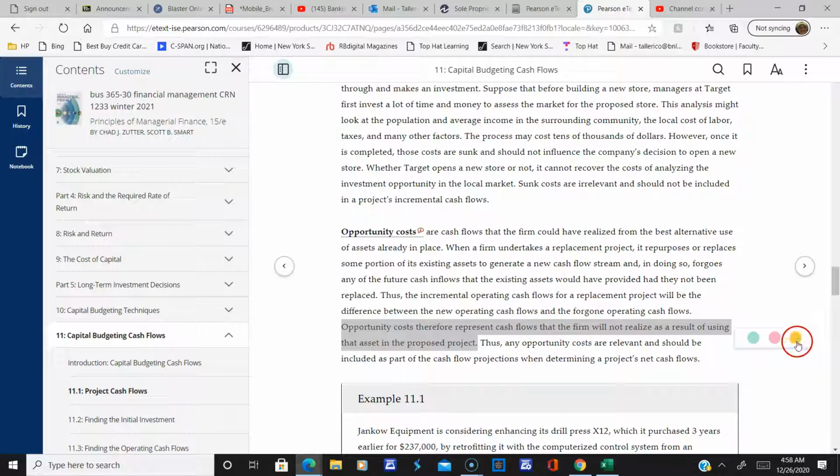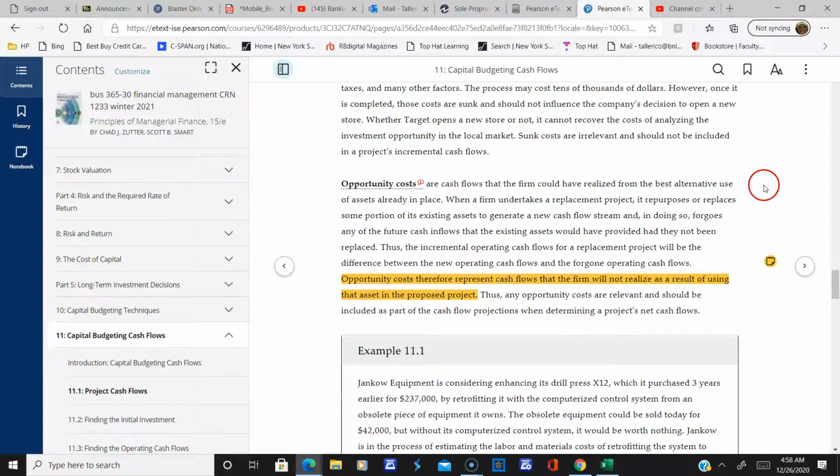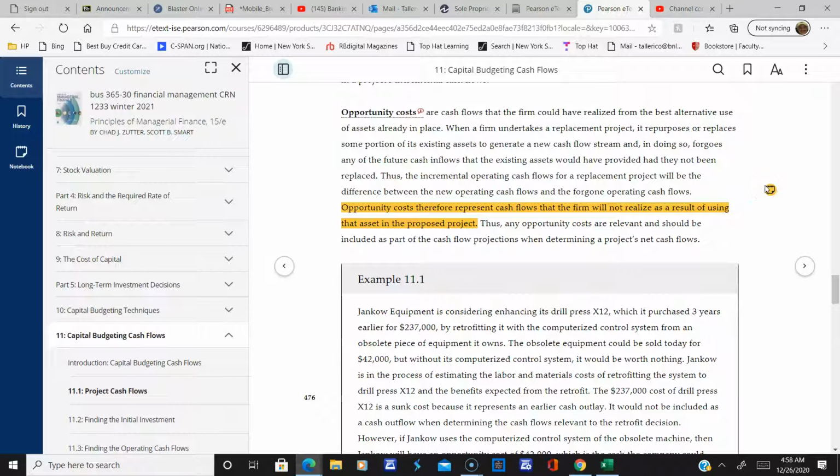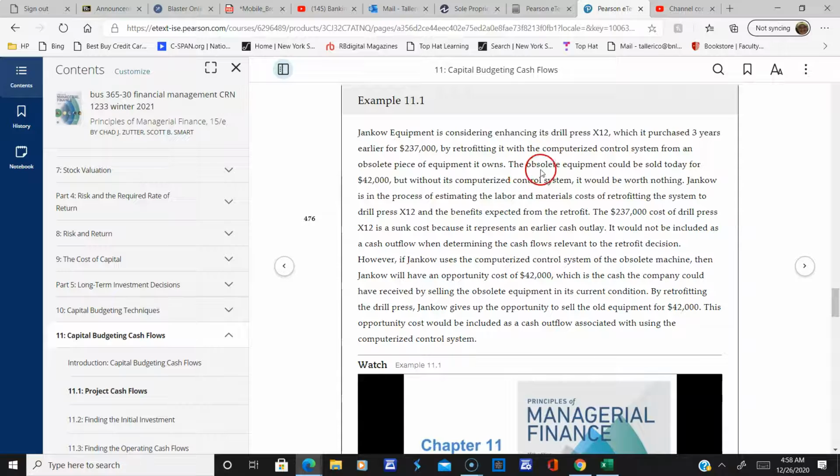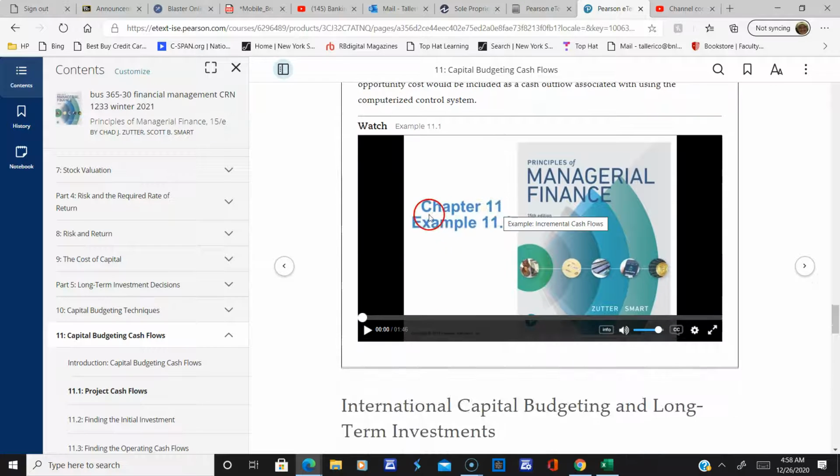So I'm not going to realize cash flows of saving my car insurance, paying cheaper insurance because I had to buy a new car, right? So instead of paying $1,000 a year, I'm paying $2,000 a year. So right, and I have a nice example here, and you should read this example.